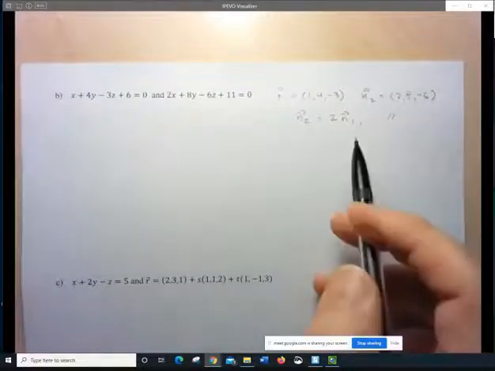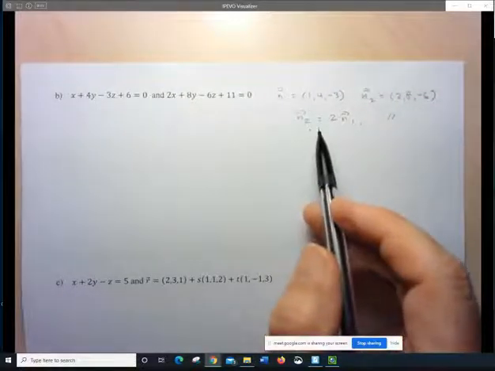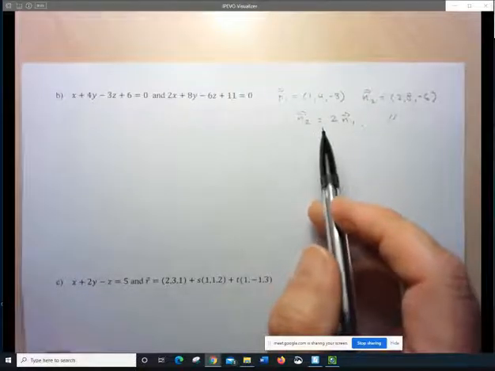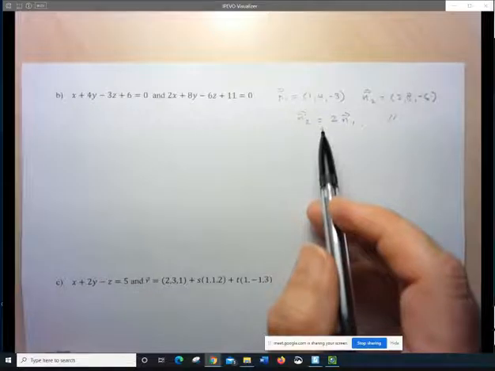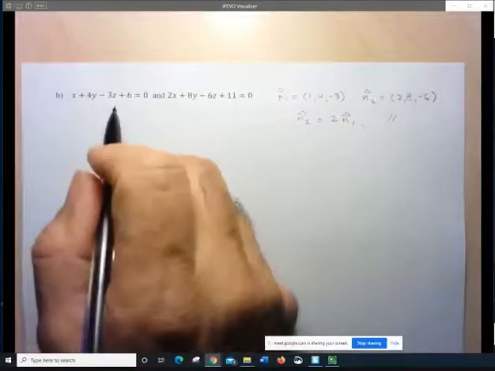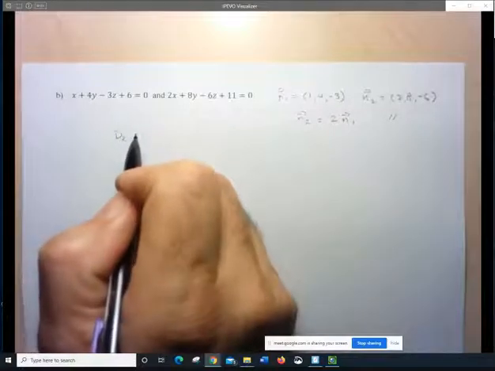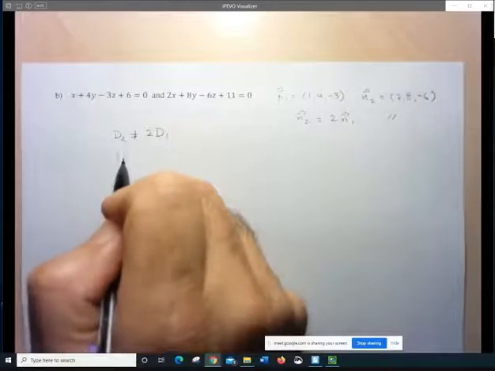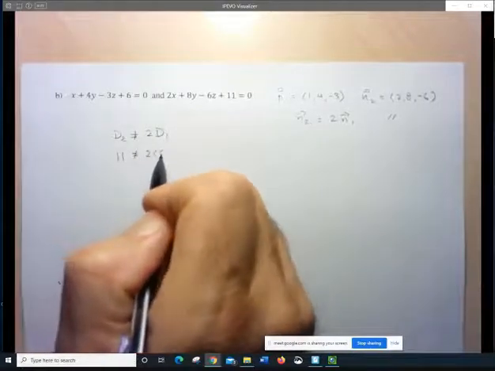Now, what is it that I have to check to determine parallel and distinct or parallel and coincident? There you go. I check the d value and I look at my d2, which is not equal to 2 times d1 because 11 is not equal to 2 times 6.